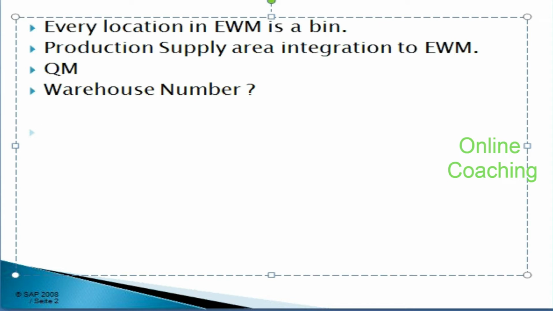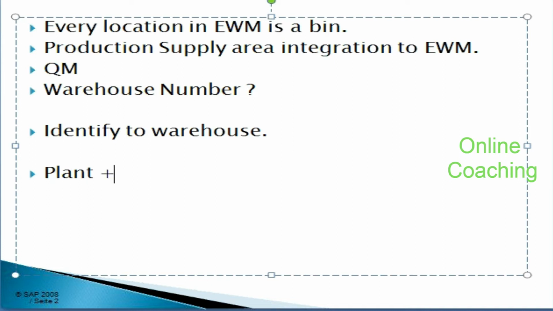The warehouse number is a unique name given to the warehouse, first thing. The plant is a name, but it is also a valuation area, whereas the warehouse is not a valuation area, it's only quantity. Quantity update happens in the warehouse, whereas the plant is valuation.